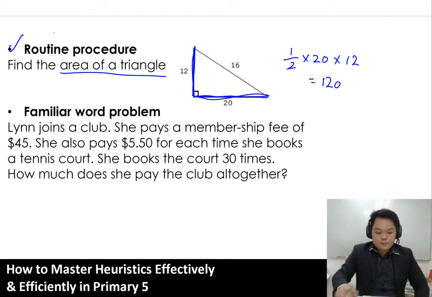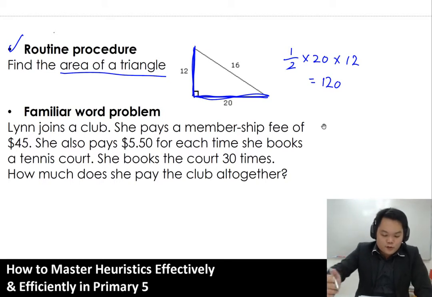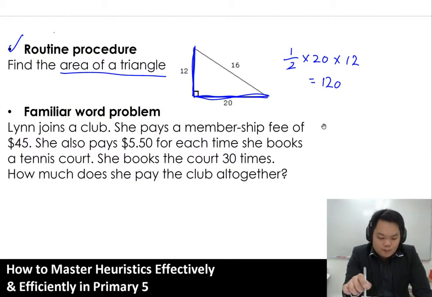And a familiar word problem looks a bit wordy, but it's actually quite simple. Okay, Lynn joins a club. She pays a membership fee of $45, and she also pays $5.50 each time she books a tennis court. And she books the court 30 times.